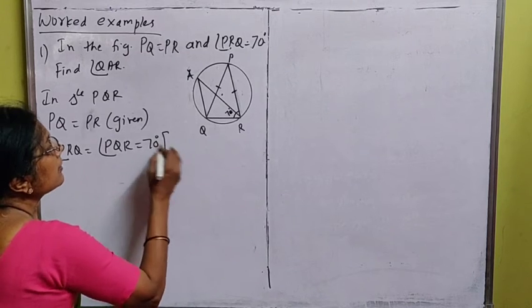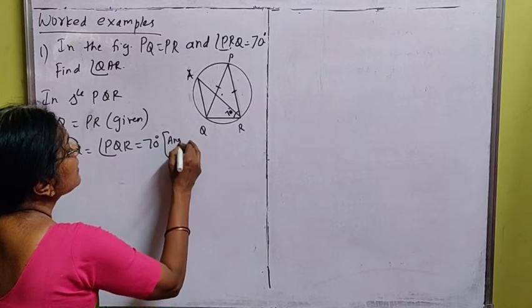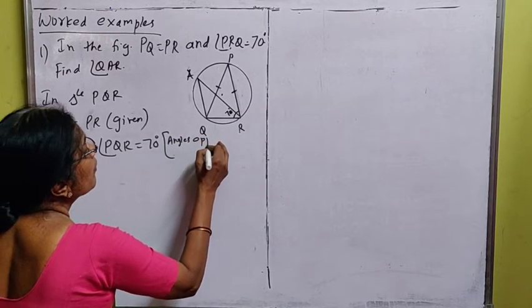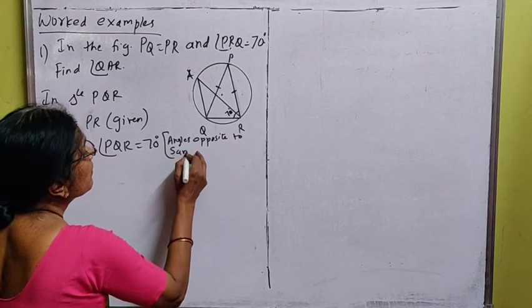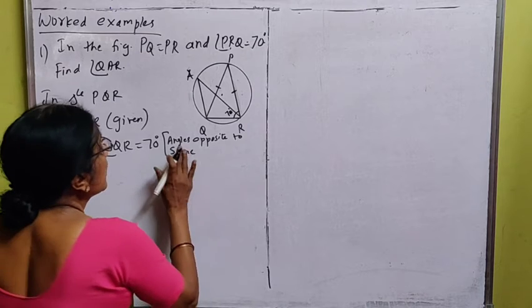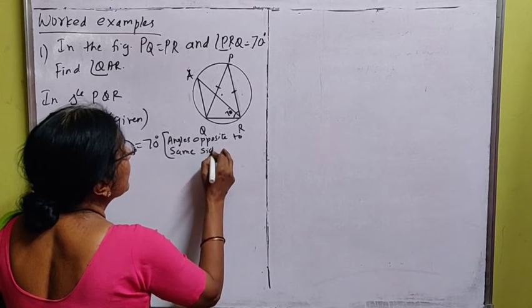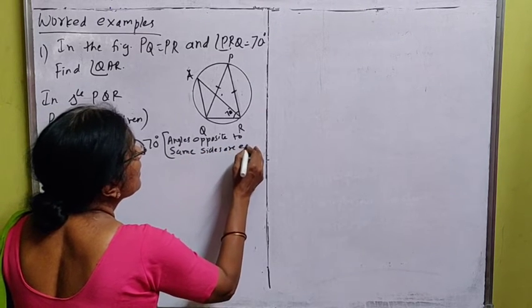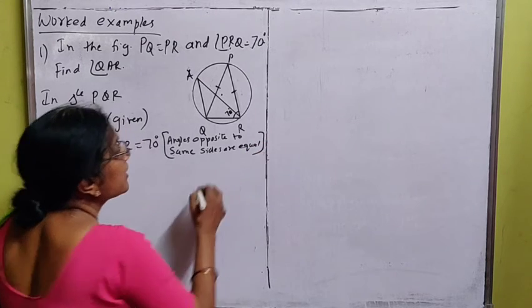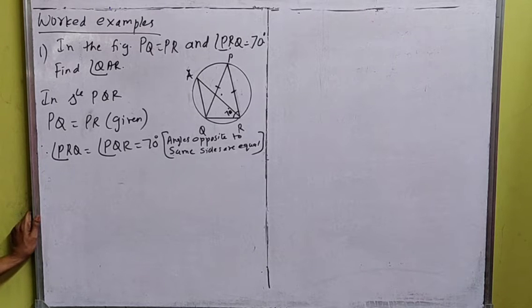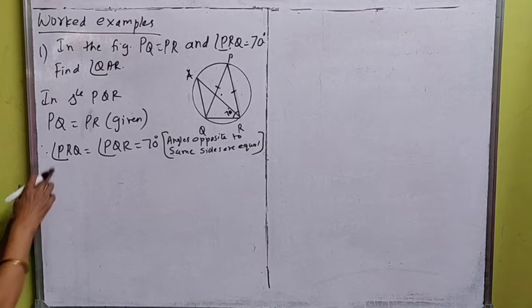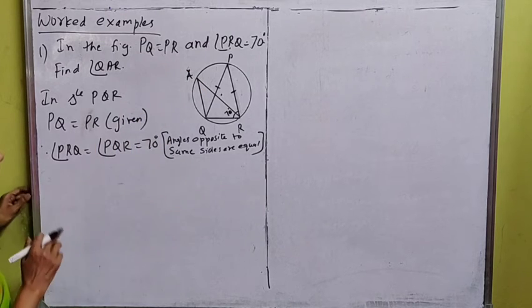Why? Because angles opposite to equal sides are equal. PQ and PR are equal sides, so angles opposite to equal sides are equal. These two became 70 degrees.